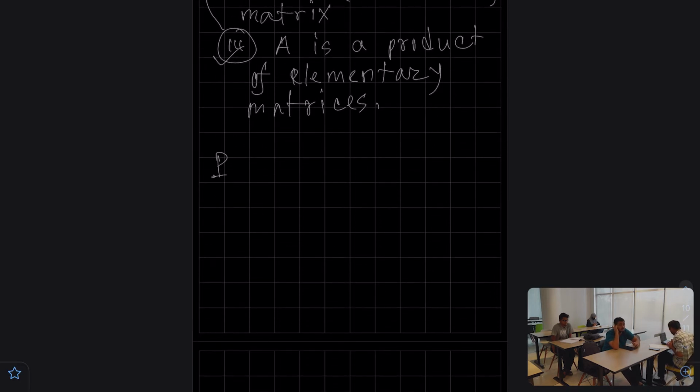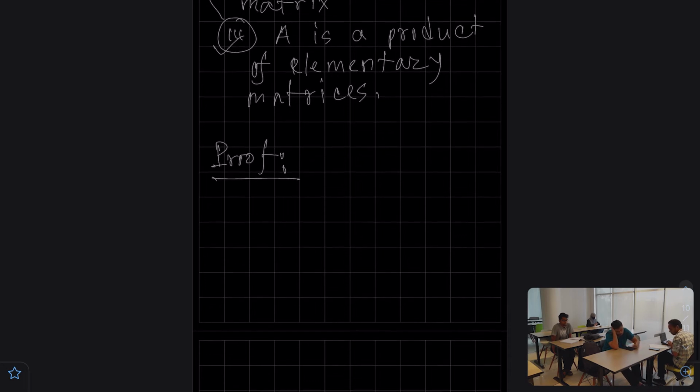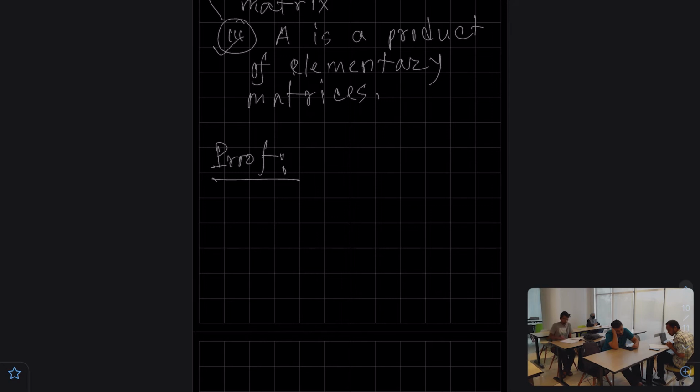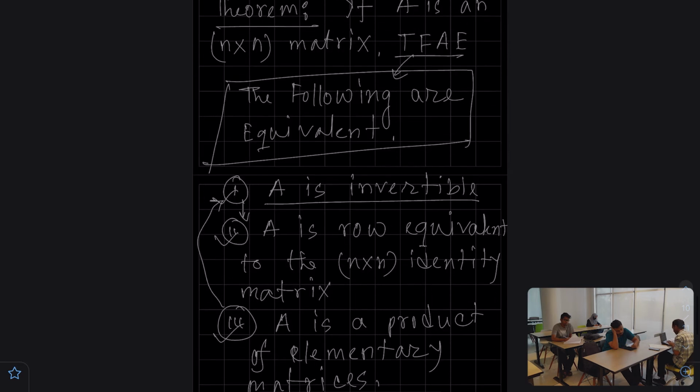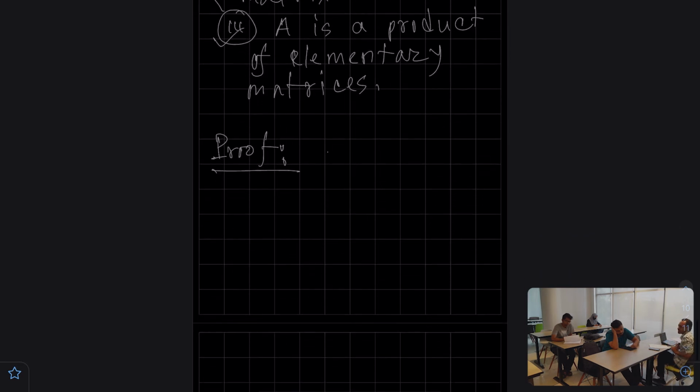a sketch of the proof is something like: we can consider that A is an n cross n matrix, right? So every matrix is equivalent to some row reduced matrix. Yeah. So row reduced echelon matrix.